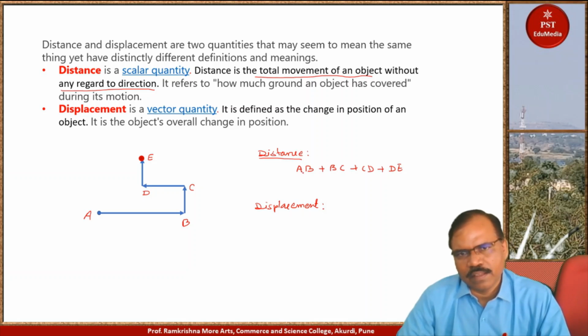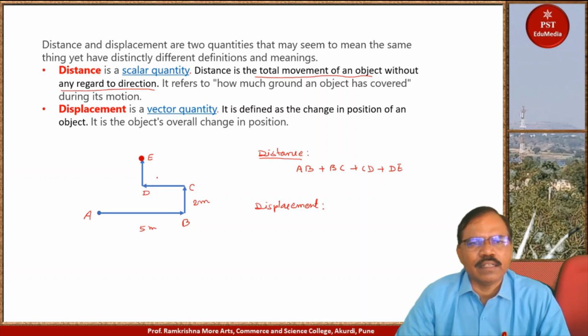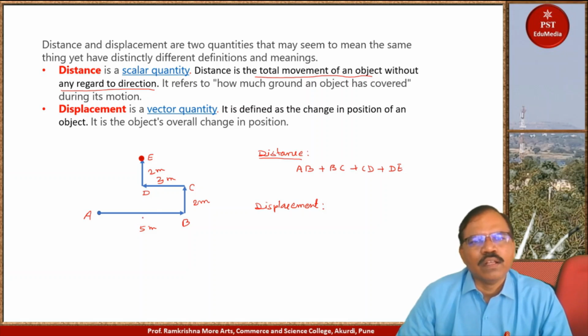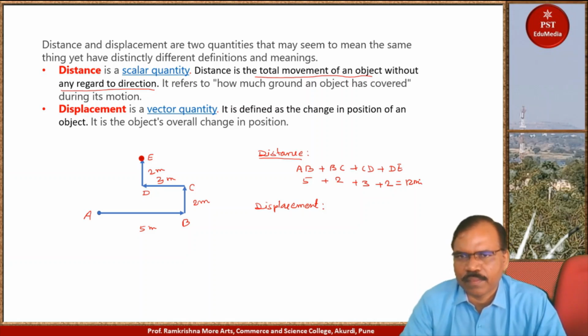Suppose AB is 5 meter, BC is 2 meter, CD is again 3 meter, and suppose DE is 2 meter. So the total distance is 5 meter plus 2 meter plus 3 meter plus 2 meter. So it is 12 meter. It is the distance traveled by the body.